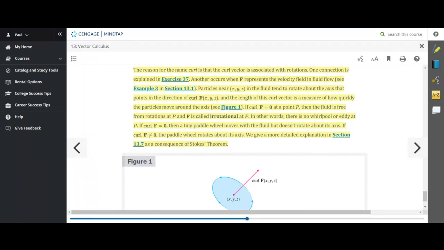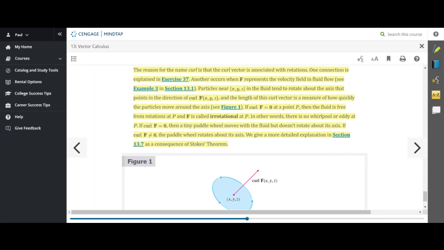So for an example, can anybody name an irrotational vector field that you're living in? That's correct, Juliana. That's right, the gravitational field. If you were given the gravitational vector field and you computed its curl, you would get the zero vector.